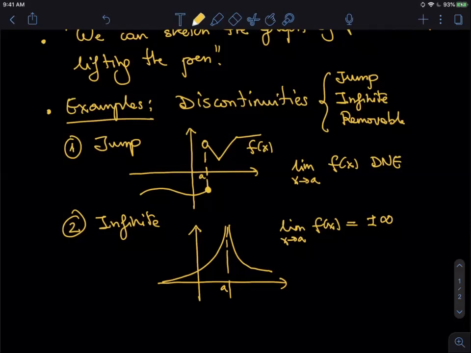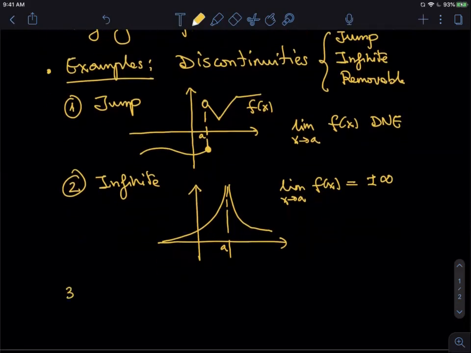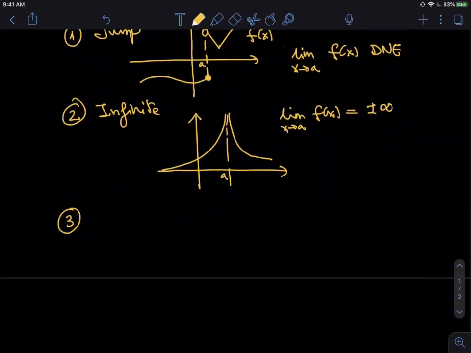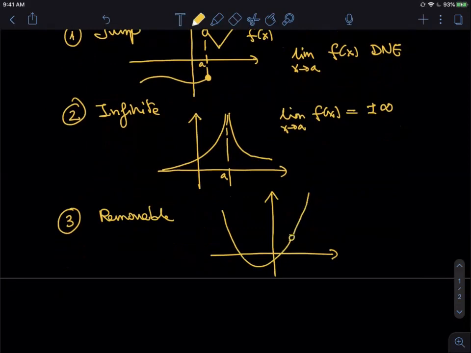Another, third possibility is that it's a removable discontinuity. This type of discontinuity feels like the only problem is a problem of definition. Somebody didn't define the function properly somehow.